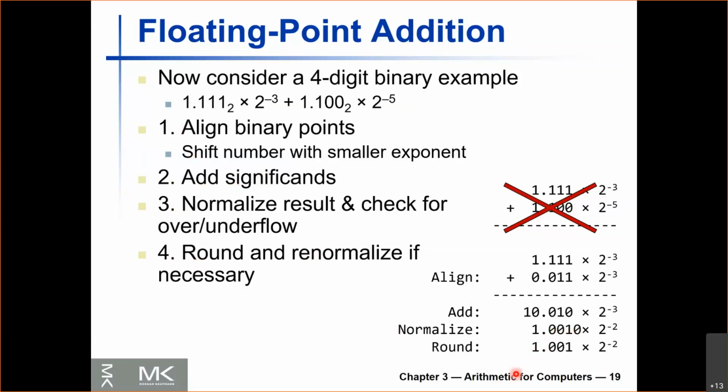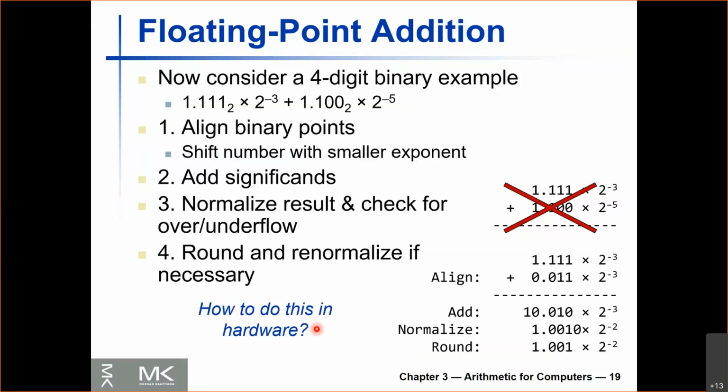Any questions about how we're doing floating point addition? Okay, if there are no questions, then next what we're going to talk about is how do we do this in hardware?